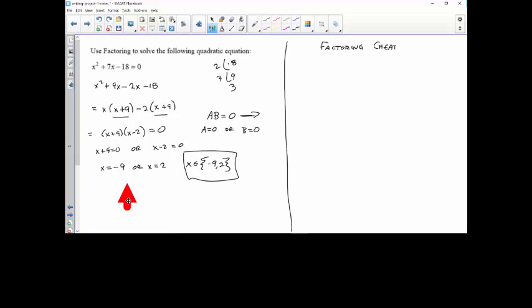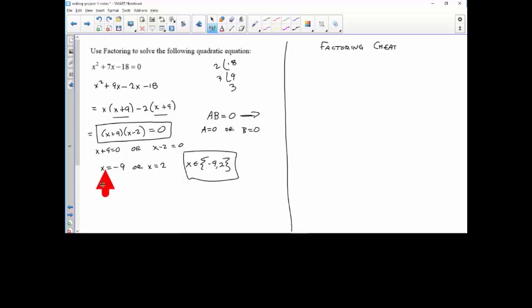Okay, but what if the teacher wants to see the factoring? When they say use factoring, they're really expecting to see that and for you to reason from that to the zeros. But you know what? You can just as easily reason from the zeros back to the factoring.